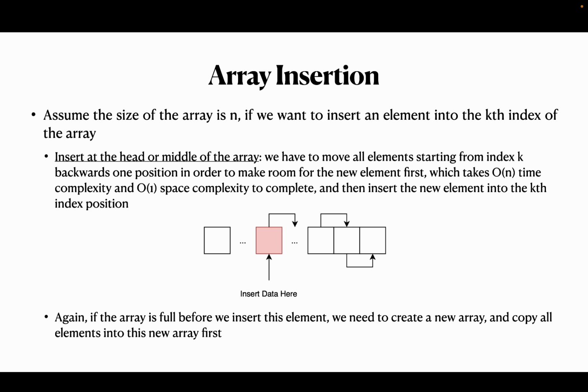And after that, we can insert the new element into the kth index position. It only takes O(1) time as well as O(1) space to complete, as we can see from the following picture. So the total time complexity will be O(n) as well as O(1) space complexity.